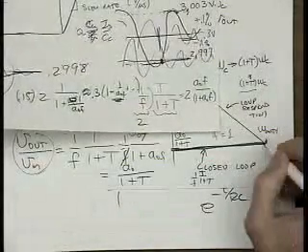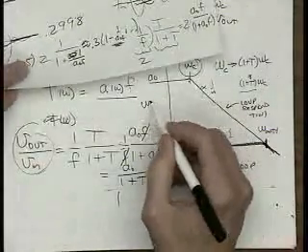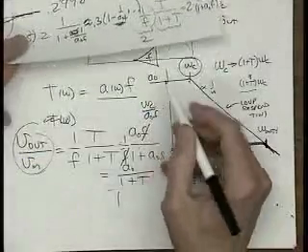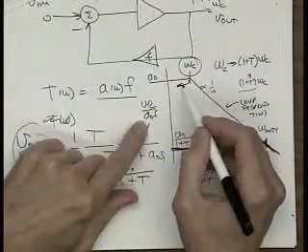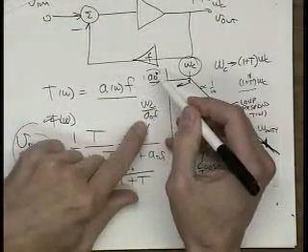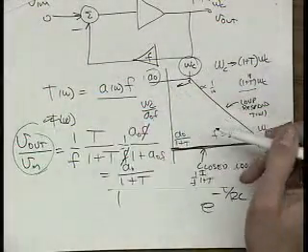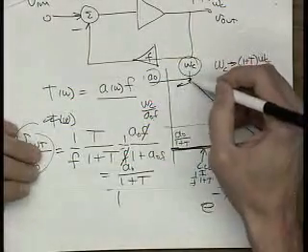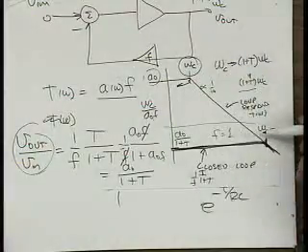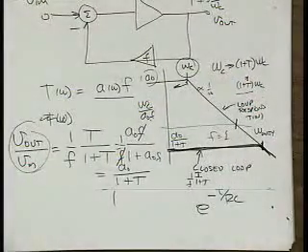Since this is equal to compensation divided by A0F, as this whole curve moves up to compensate for more gain, we'll have to move this pole back. We're going to reduce the bandwidth of that amplifier.